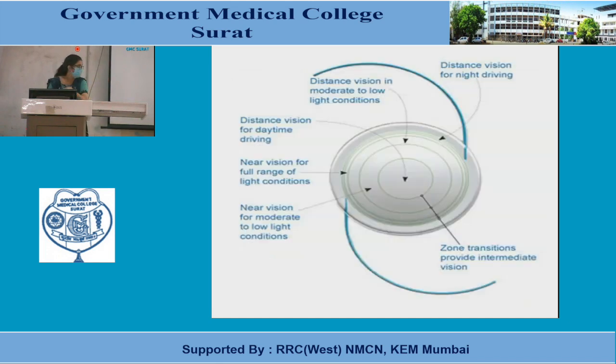So this is about how the design of a multifocal IOL is. There are multiple rings, and these rings help you get a transition of vision. When you are talking of a multifocal IOL, there are segments of the lens which are working for distance, near or intermediate.